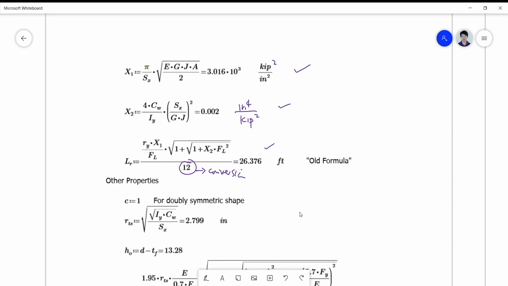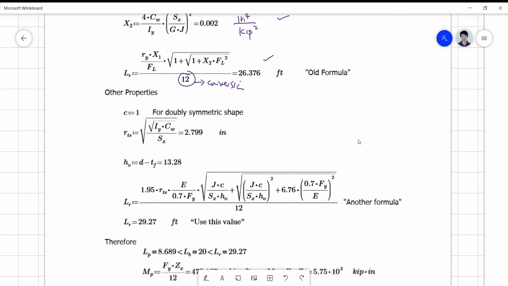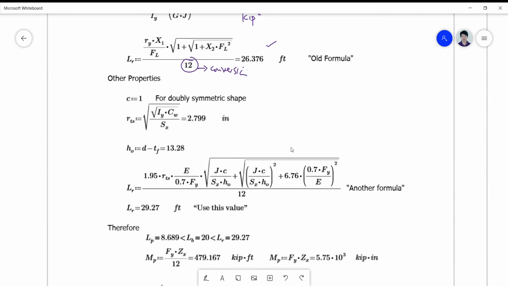So for the video I shared with you on lateral torsional buckling, the new formula is given by this very long expression here, no? But the values for E, J, SX are just the same, and E, FY, only these three values were added. C, RTS, and HO are added on the basis of the formula.